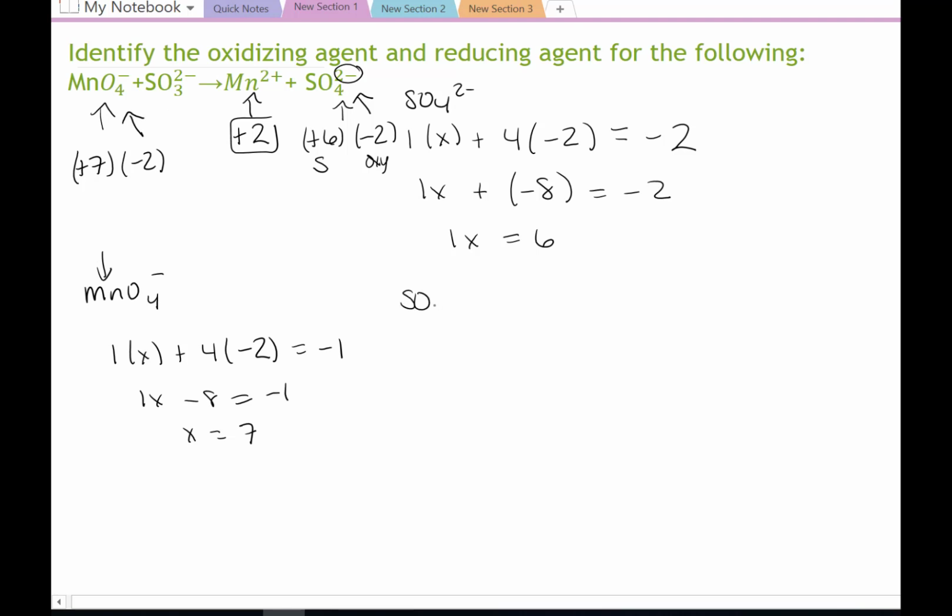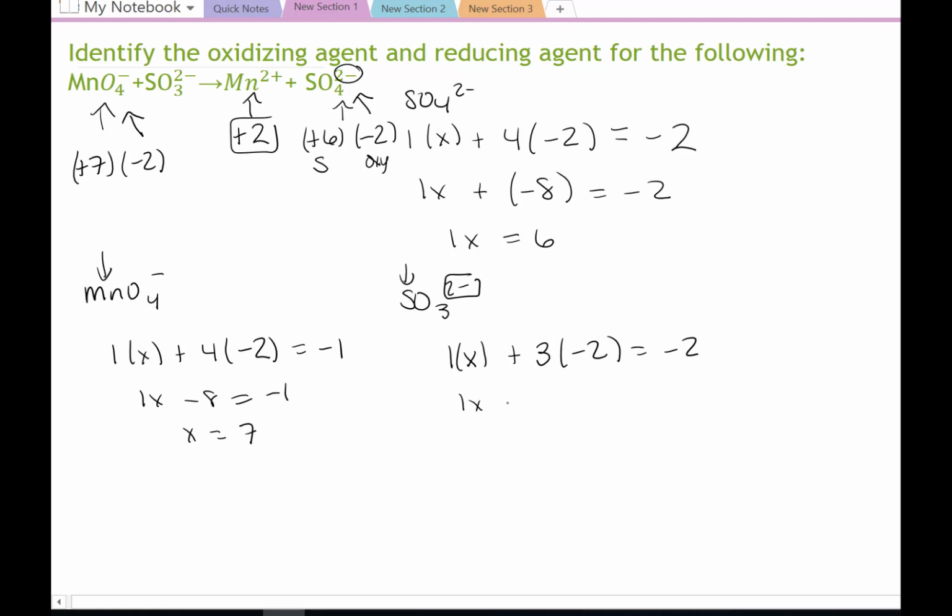Now let's look at SO3 2 negative. So we have 1x for the sulfur. So we're trying to find the oxidation state for sulfur because this is going to equal -2. And based upon the chart, we're looking at oxygen being -2. So we have 3 oxygens.